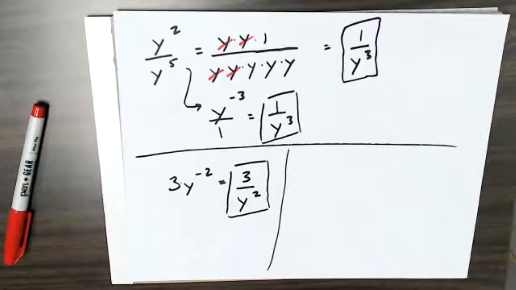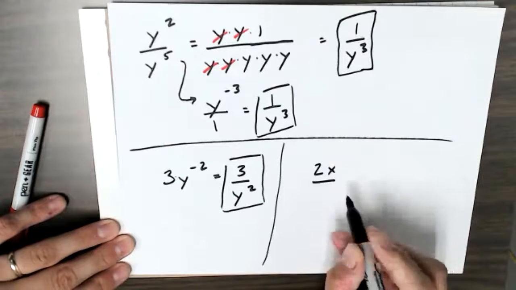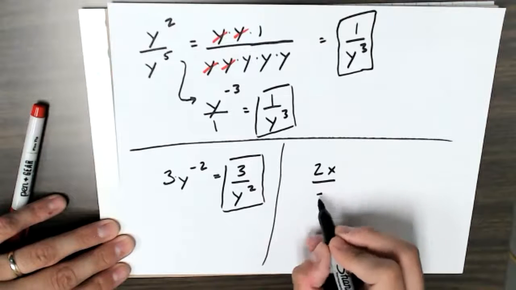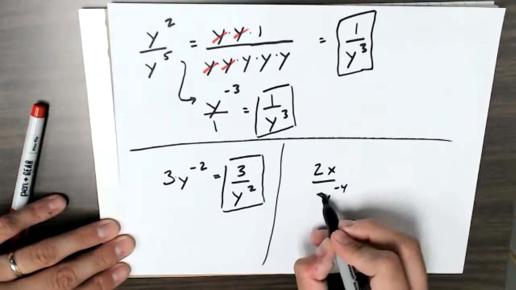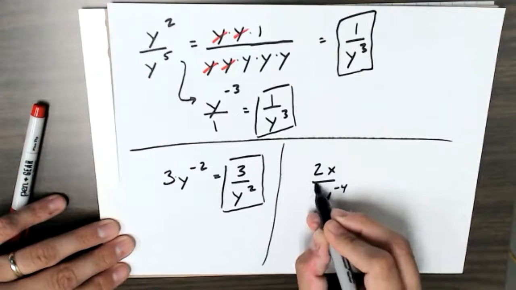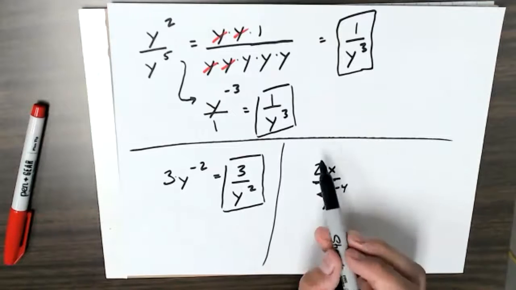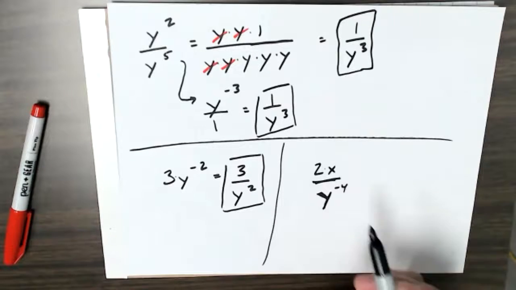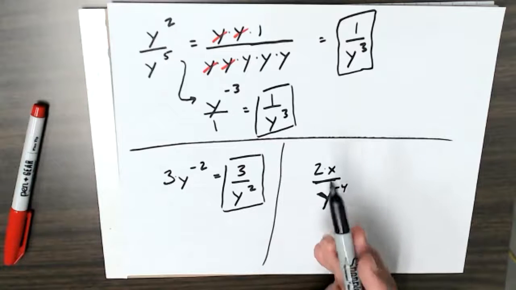Okay? So now let's look at one that's in the denominator. Let's say we had 2x over y to the negative 4. Now notice, the 2 and the x are fine. They're up here, hanging out, having a good time. They're not negative, right?